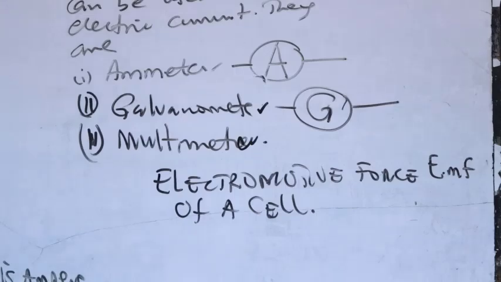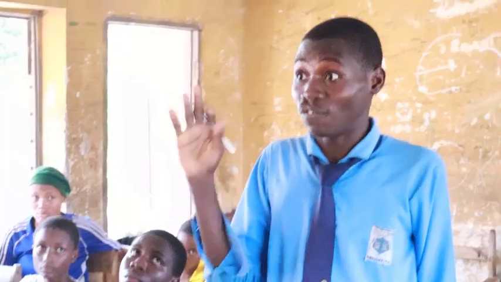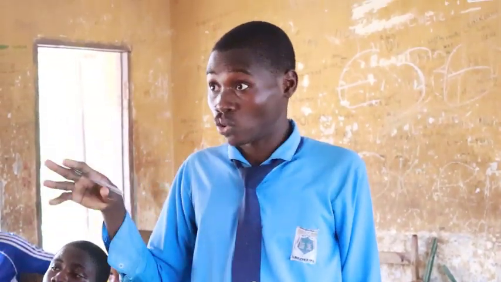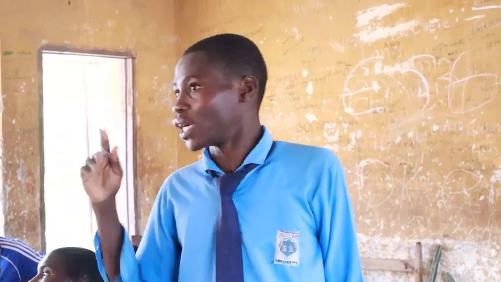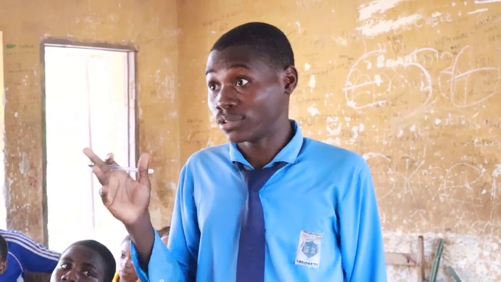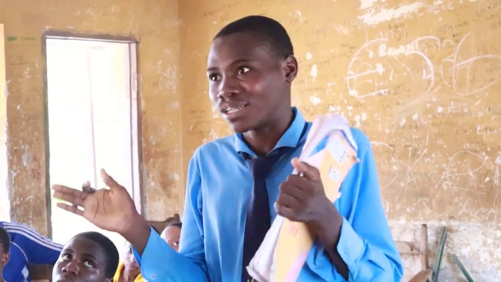What is electromotive force? Yes. Again. Electromotive force can be defined as the work passing through a circuit per unit quantity of time without giving any point to an open circuit, without delivering any point to an external circuit.